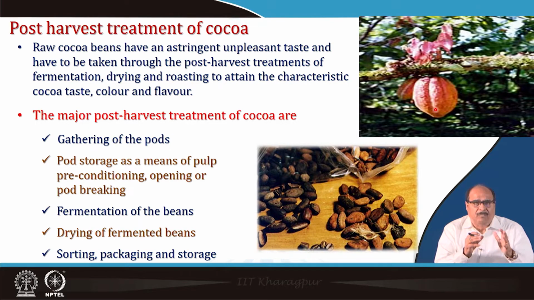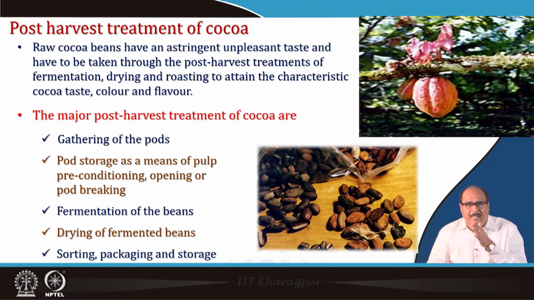The major post harvest operations and treatments of the cocoa pods are: first, gathering the cocoa pods, then pod storage as a means of pulp preconditioning, opening or pod breaking, then fermentation of the beans, drying of the fermented beans, sorting, packing and storage.